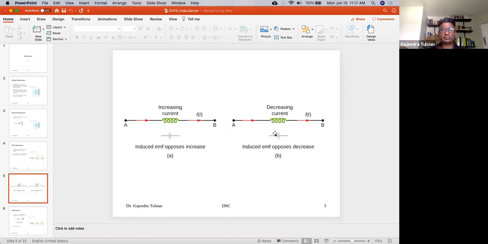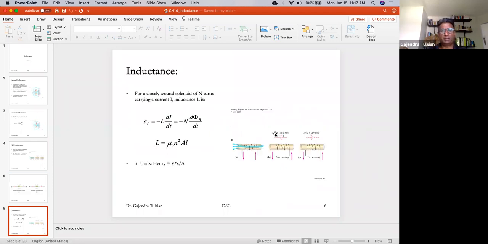So if you try and increase the current, this EMF is given by minus L dI by dt.